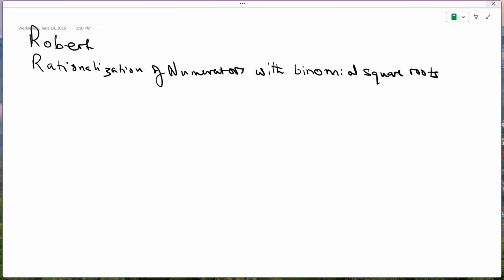Okay, let's dive into it. We'll look at two examples that will enable us to rationalize numerators with binomial square roots.